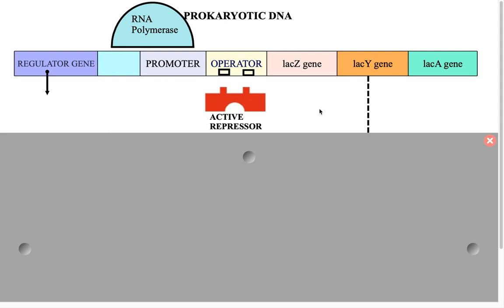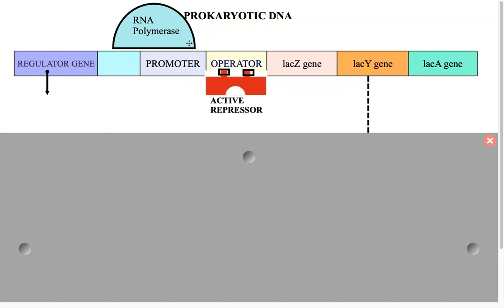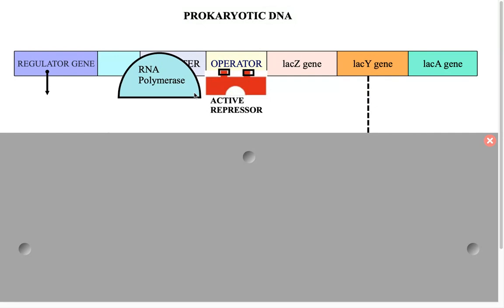So in this example, as of right now, there is no lactose present. Therefore, this active repressor is going to fit in perfectly right here on the operator. And what does that do essentially? Essentially, that blocks the RNA polymerase from running its course down the segment of DNA and making that message. So it's kind of blocked.